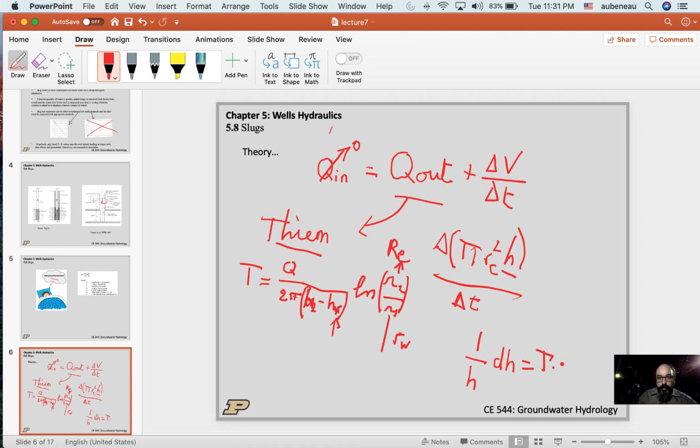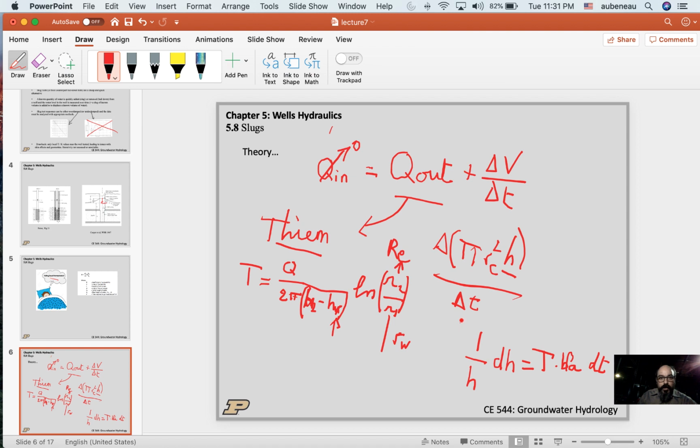Okay, so if we separate all those variables, if we plug in the Thiem equation in Q out, and then our change of volume over time is dh over dt, separate the variables, you end up with an equation that looks like this here at the bottom, which is 1 over h dh equals transmissivity times blah.